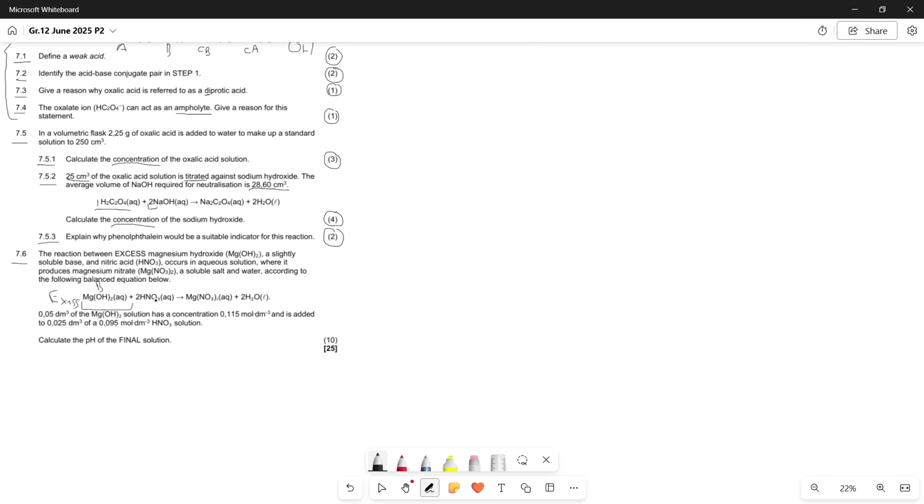And nitric acid, which is an acid, a strong one, based on our previous discussion about indicators. Okay, occurs in an aqueous solution. Cool, so they've already been mixed with water, where it produces magnesium nitrate, a soluble salt, and water, according to the following balanced equation below. They've already balanced it. That's important for any molar ratios going forward.